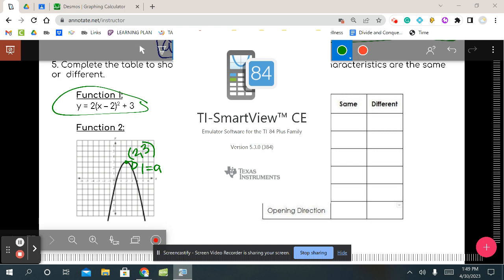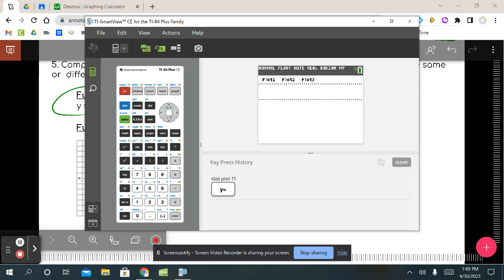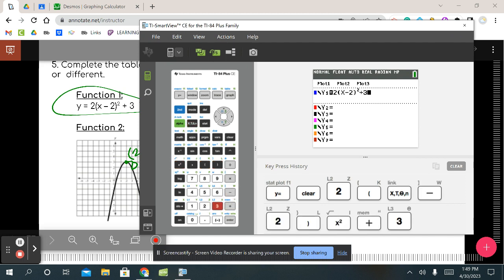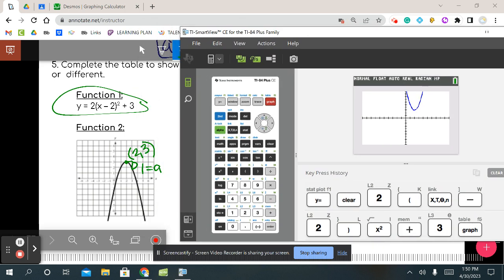So in our graphing calculator, y equals 2 parentheses x minus 2 squared plus my k. Okay, so I want to look. This one looks like the vertex is right there at (2, 3). So the vertexes are about the same.